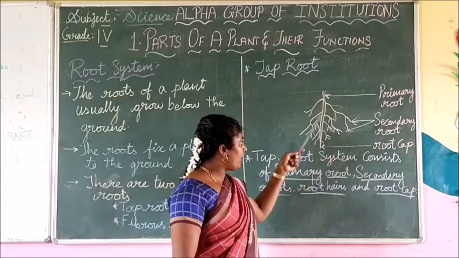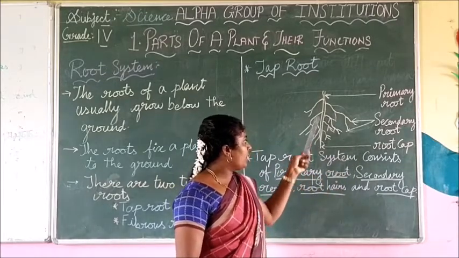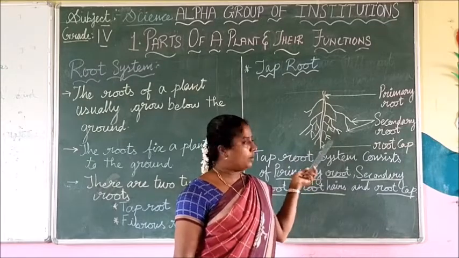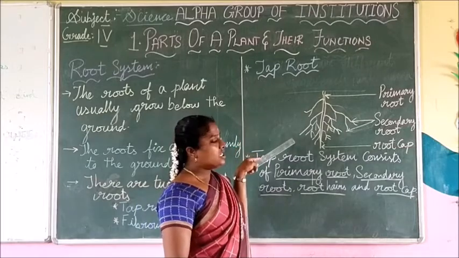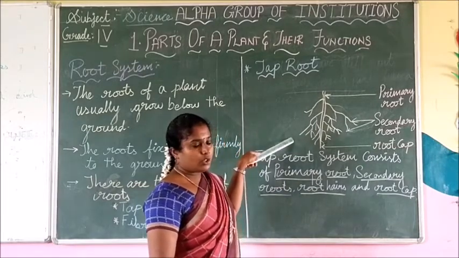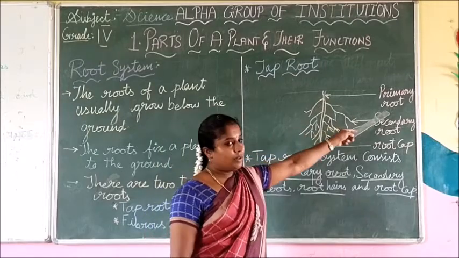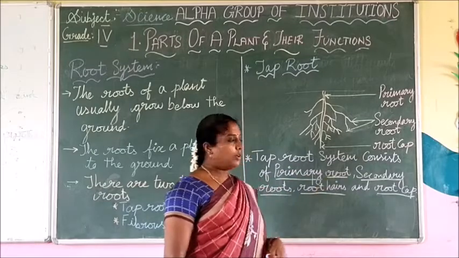The edge of the primary root will be the root cap. This will be the very sharp edge of the root. This is the structure of the taproot. This is the primary root, this is the secondary root, and this is the root cap.